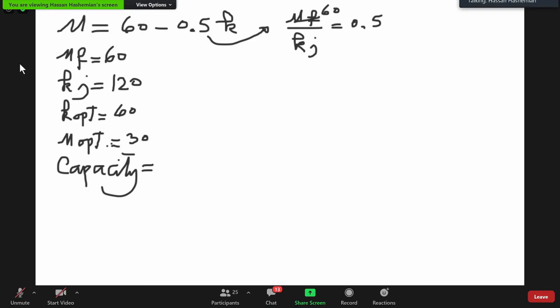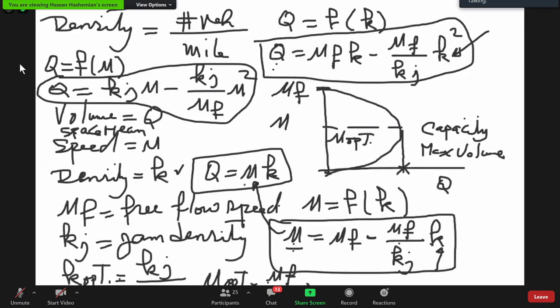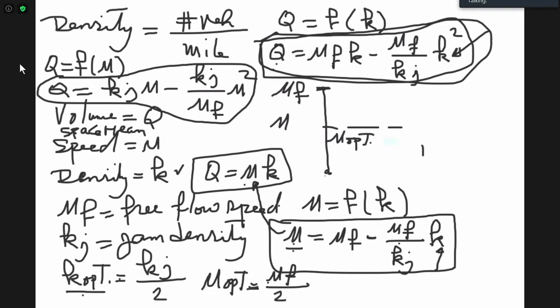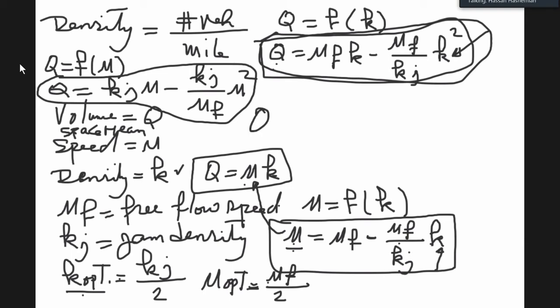basically, we can put these values into that equation that we had. You remember the equation that we had? For instance, we had this equation. So if I put them into that equation, Q equal to mu f.